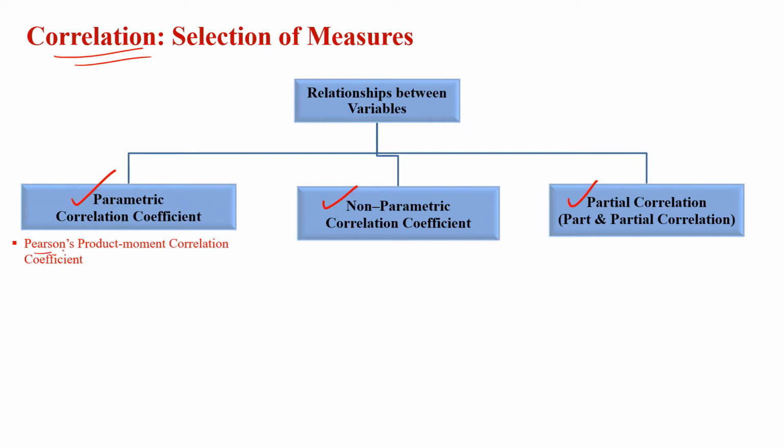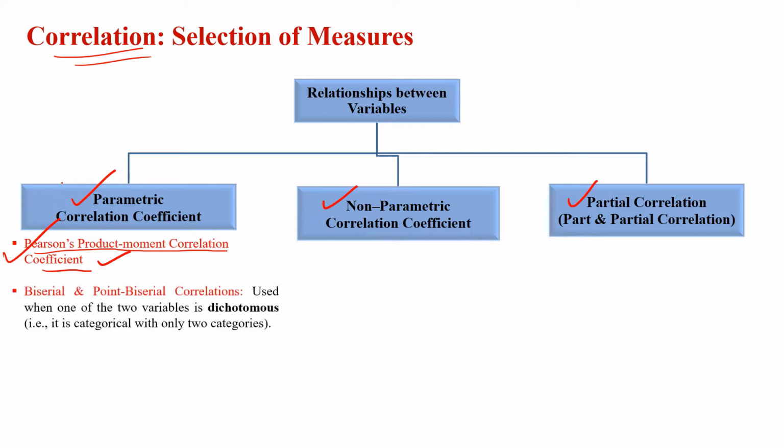In order to apply the Pearson product moment correlation coefficient, which we calculated using Excel earlier, both variables must be quantitative and both must follow the normal distribution. Then you can apply the Pearson product moment correlation coefficient.